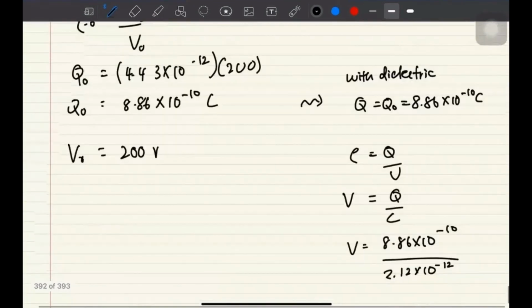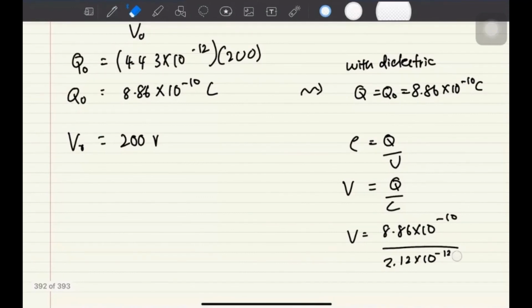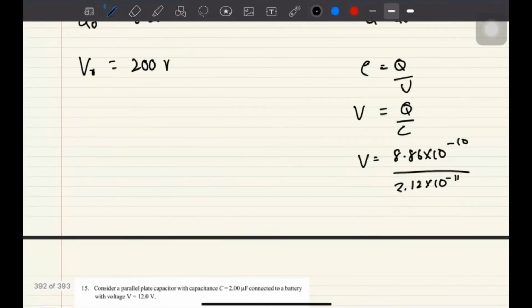So this will be 8.86 into 10, 41.79. Salah kira ke? Double check.